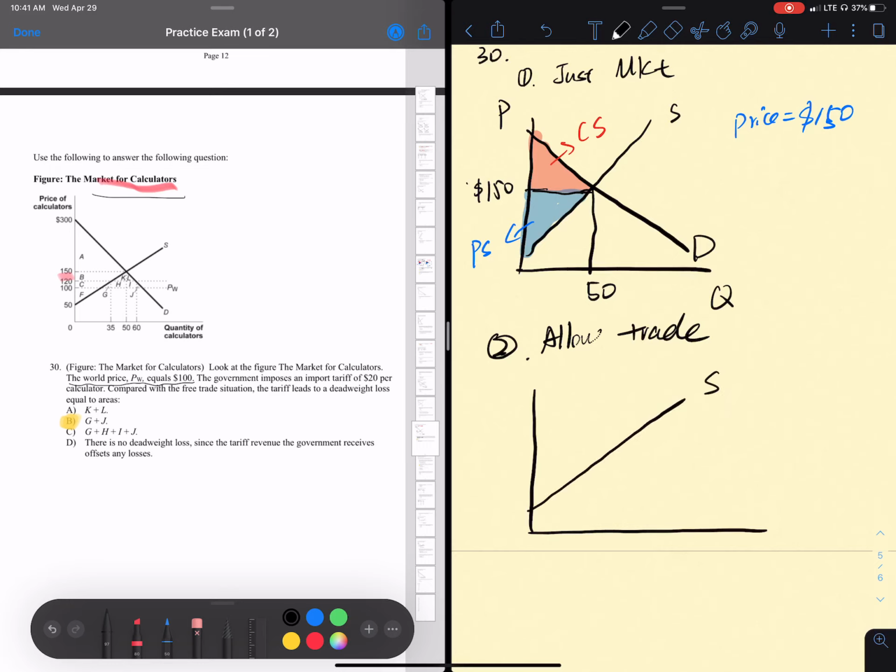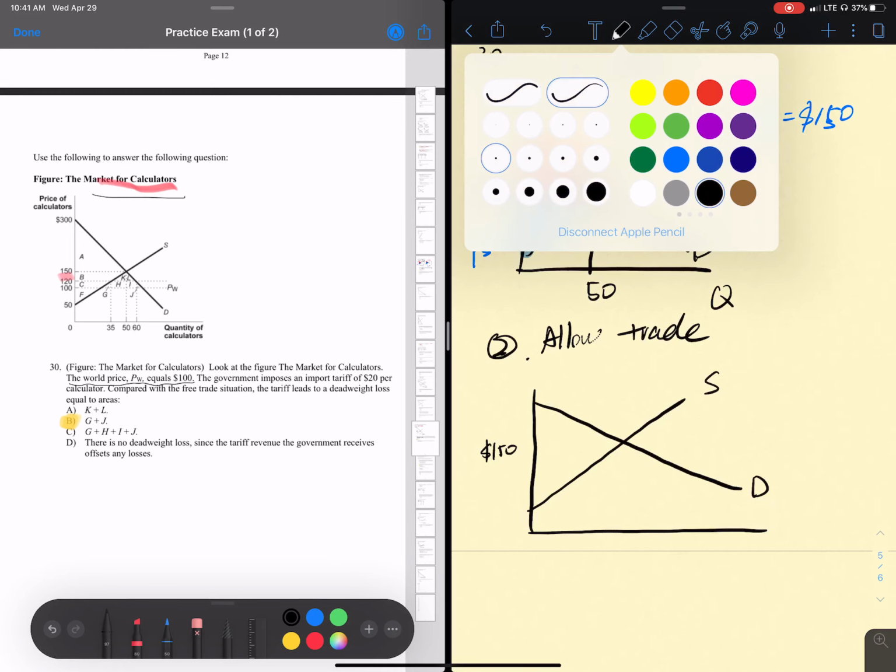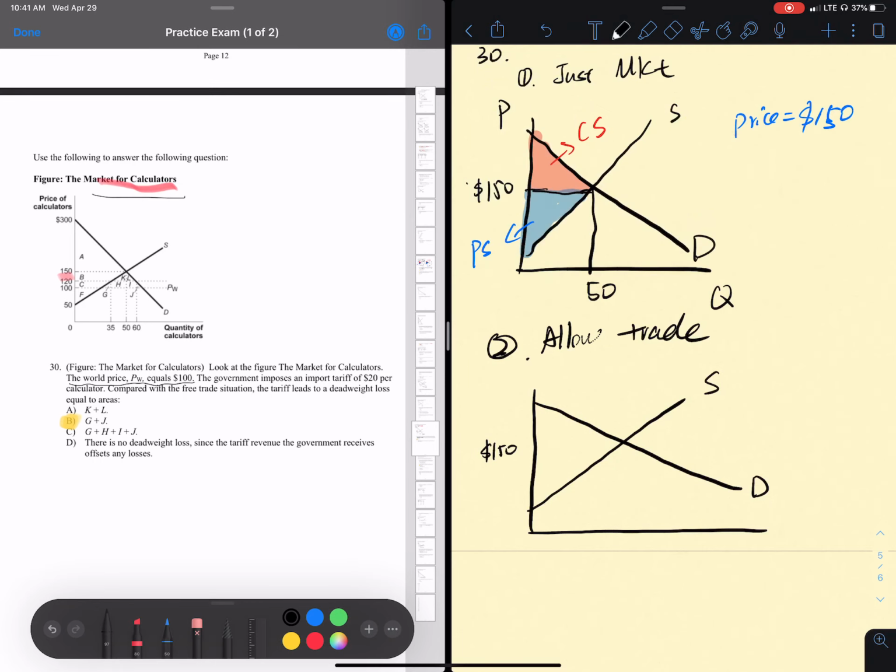We still have the supply here and the demand here, and this one is still 150. But the world price is only 100. It's right here, equals 100. So the world price is 100.